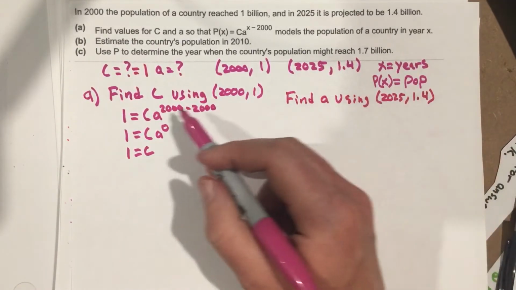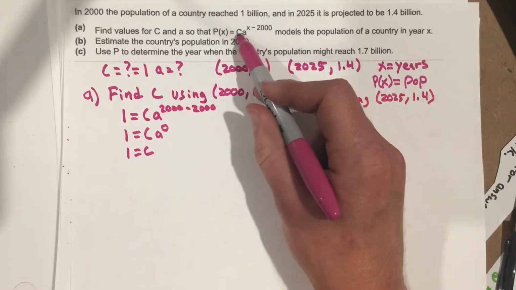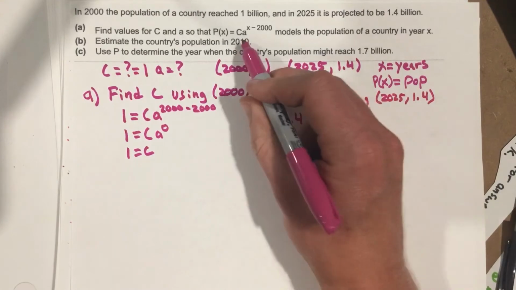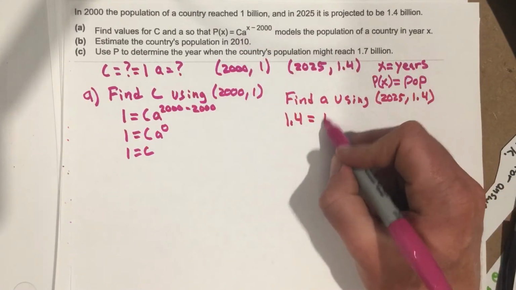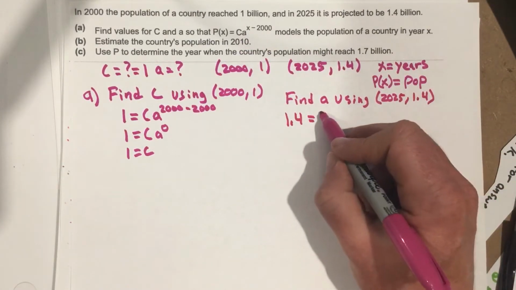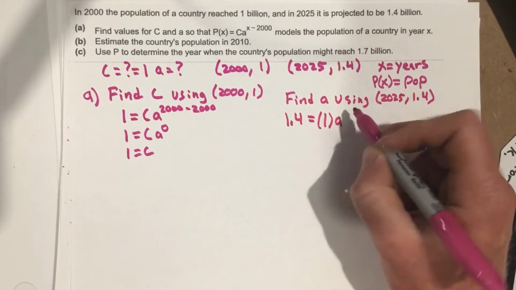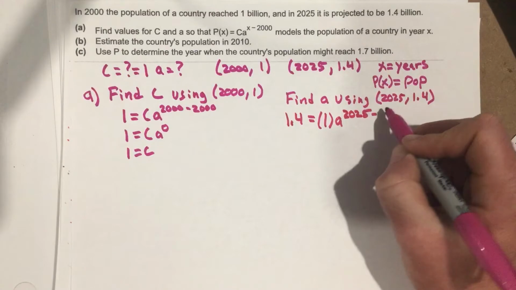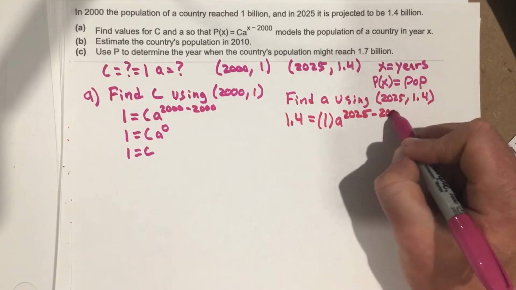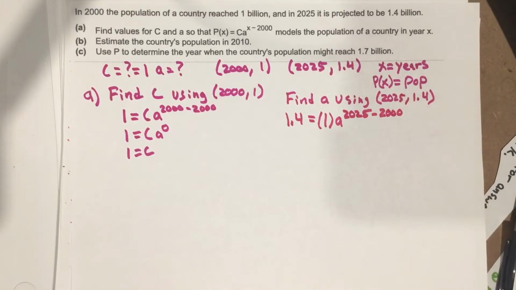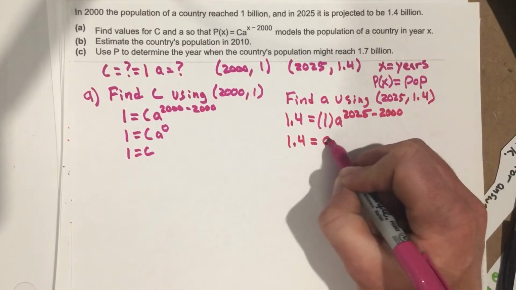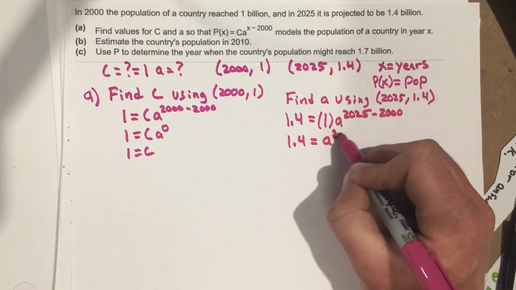So when we write the equation now, we can use 1 for C. So we're going to say 1.4 equals C, which is 1, times A to the 2025 minus 2000. So we end up with 1.4 equals A to the 25th.